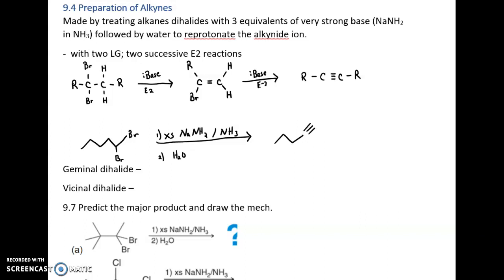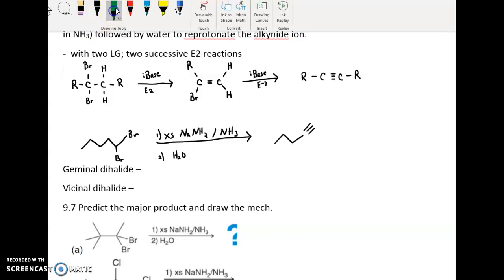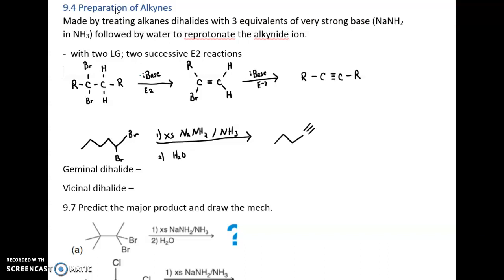This base here is going to come in and take one of these protons. The electrons that join that proton to the carbon are going to now go between the 2 carbons, and we're going to kick off one of our leaving groups. We're going to lose one of our bromines.